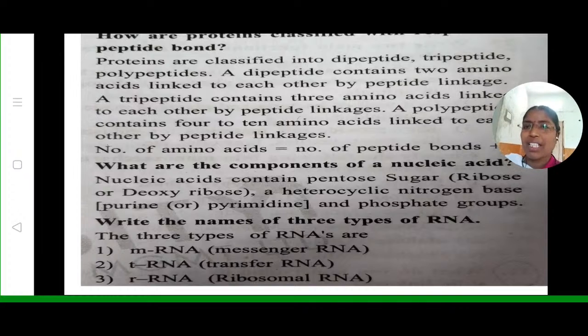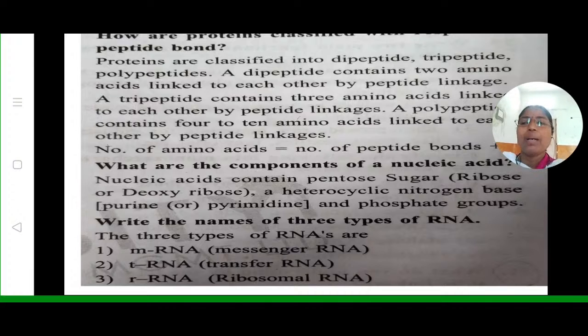A tripeptide contains 3 amino acids linked to each other by peptide linkage, that is amide linkage, the CONH group.